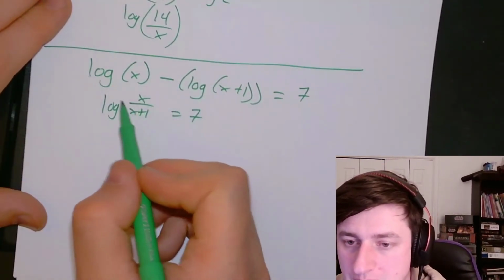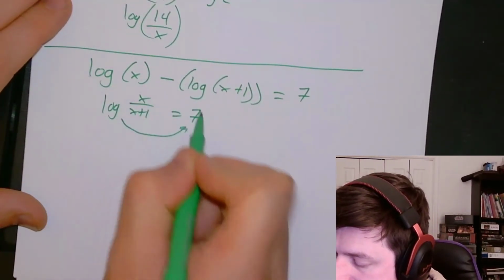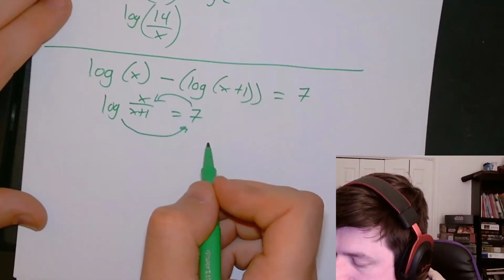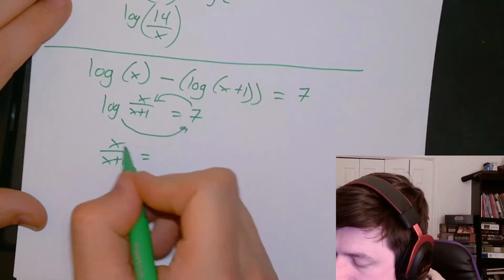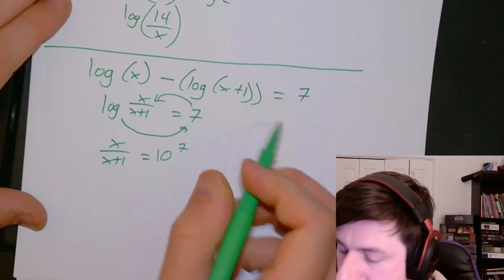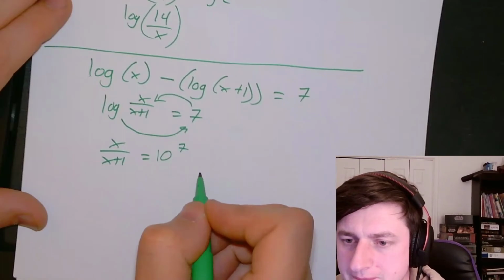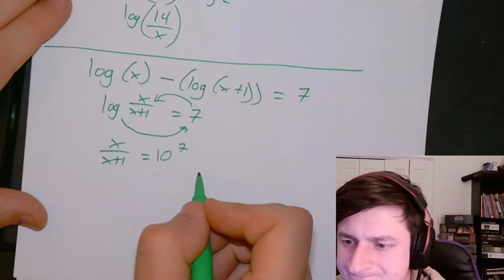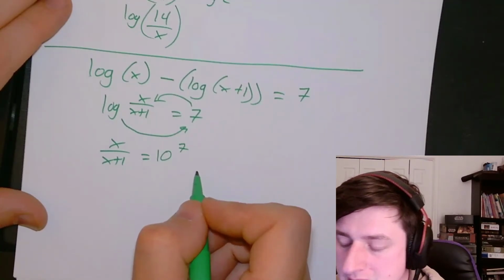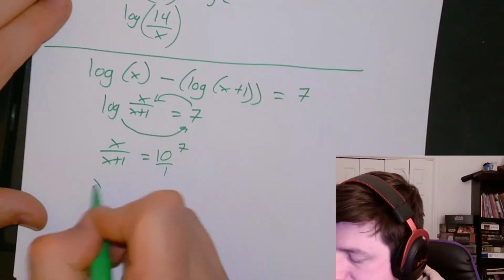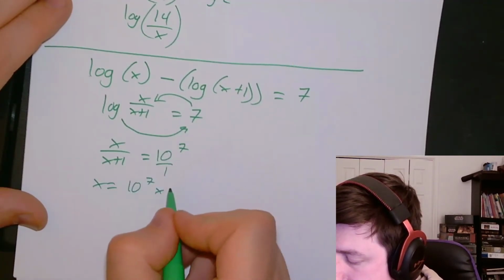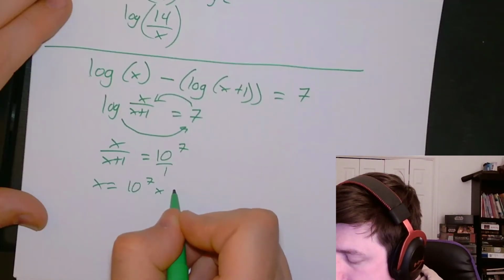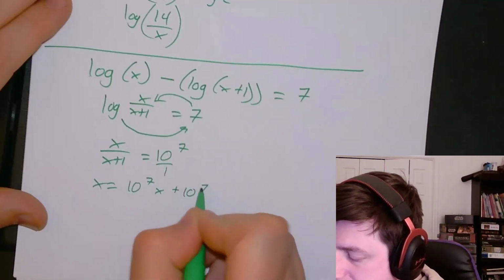Then, now we need to rearrange. So I'm going to do 10 to the 7th equals this stuff. X over x plus 1 equals 10 to the 7th. Then I cross multiply, I get x equals 10 to the 7th x plus 10 to the 7th.